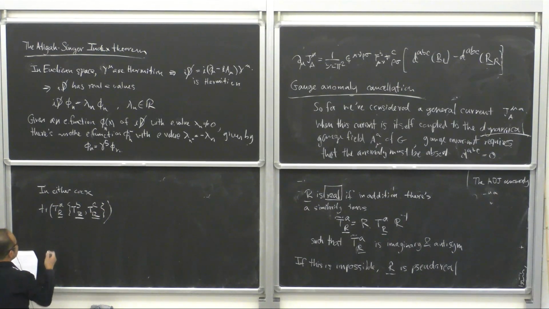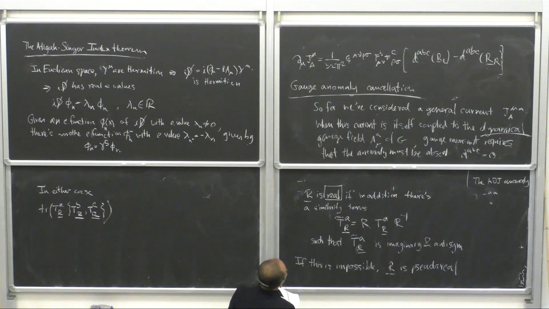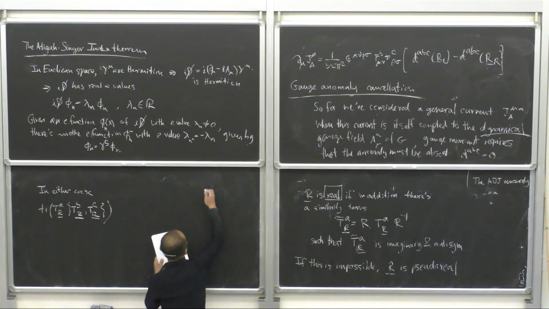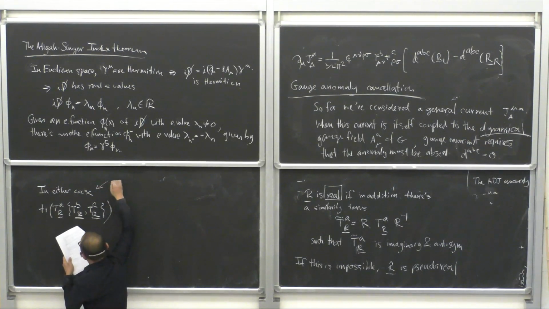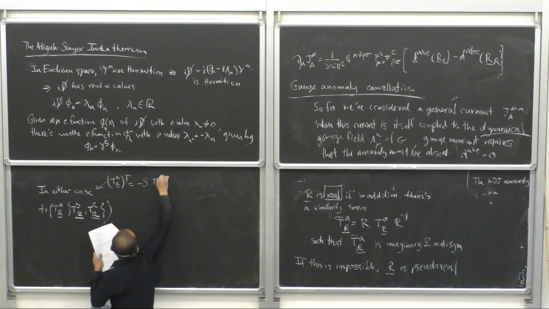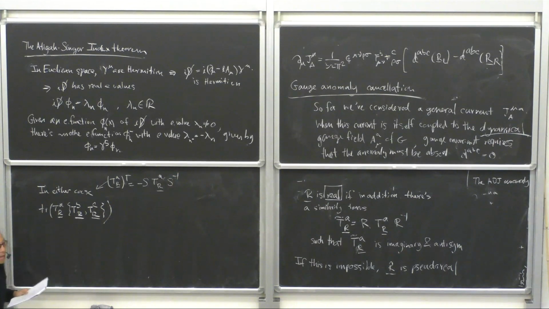What happened? You remember this equation? T_R of A equal to minus the transpose. Plug it in, please. You will have a minus sign, because there are 3 of them, right?